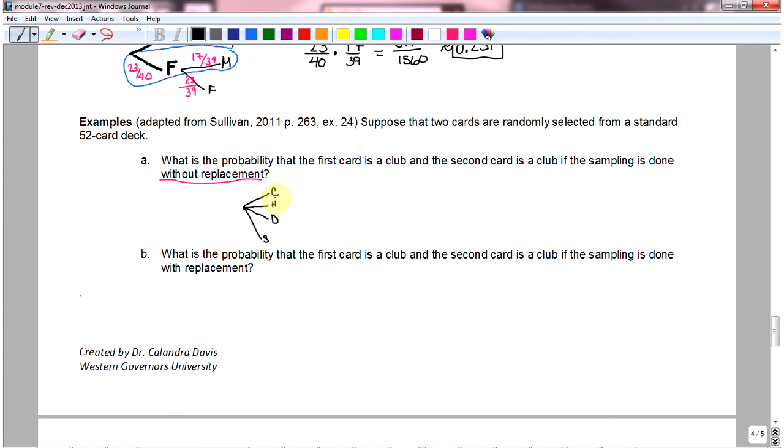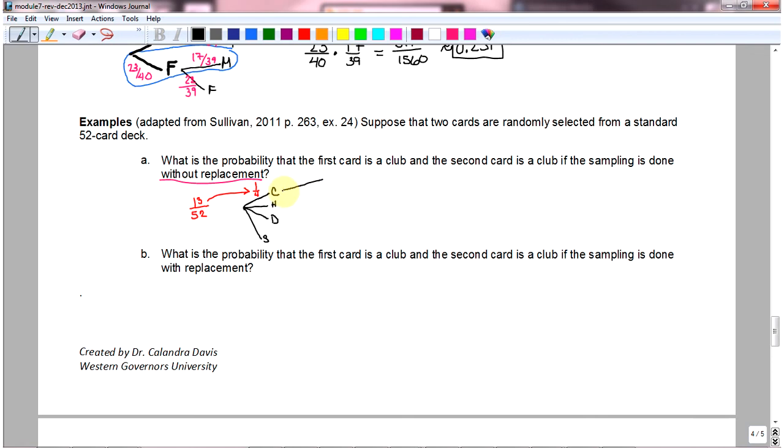Okay, well, what are the chances of selecting a club on the first draw? Well, 13 of the 52 cards are clubs. Well, that's going to simplify to 1/4. But let me just note over to the side, 13 out of the 52 cards are clubs. Okay, well, given that that first card is a club, we're looking for the probability that the second card is also a club.